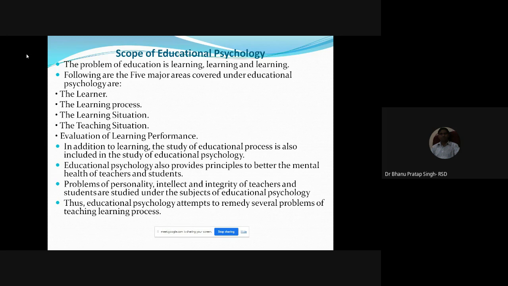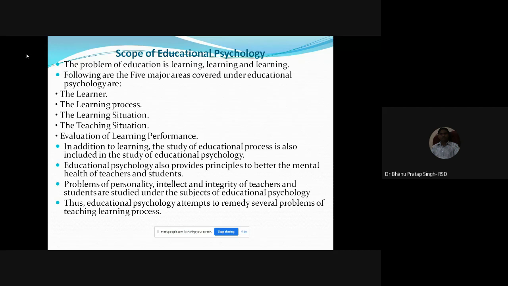So here are five major areas. First is the learner. Second is the learning process. Third is the learning situation. And fourth is the teaching situation.